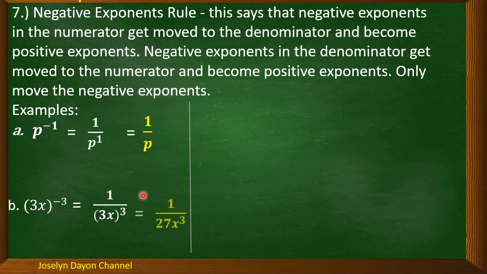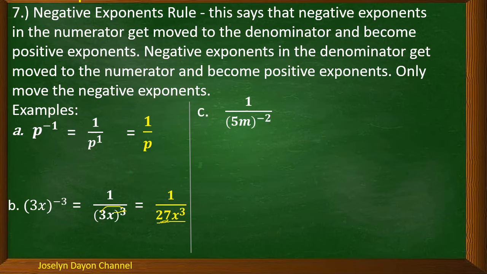So we have 1 over 27x cubed. Why do we have 27x cubed? This will be raised to the power of 3. So 3 cubed, that is 3 times 3 times 3, and that is 27. And then x cubed, so we have here x cubed. So our answer is 1 over 27x cubed.